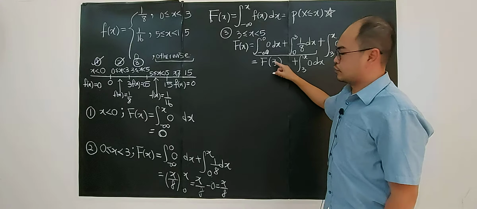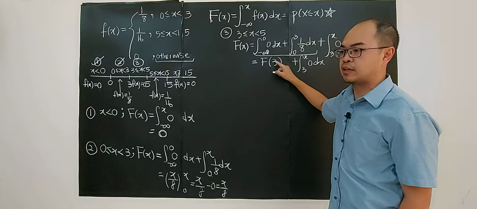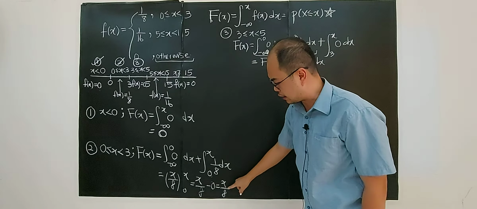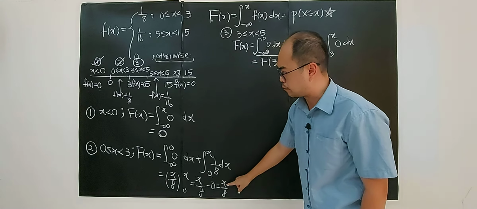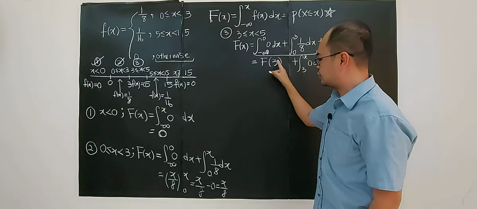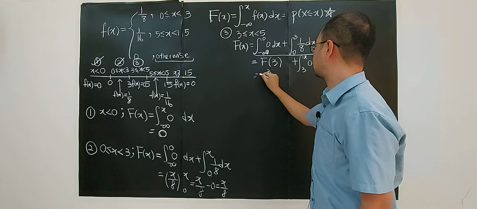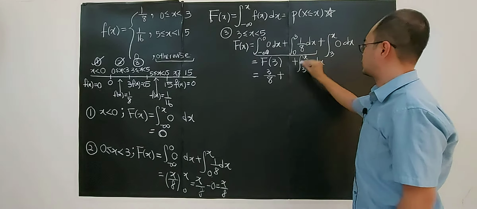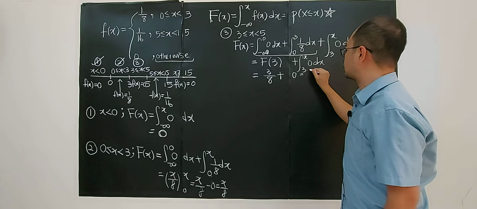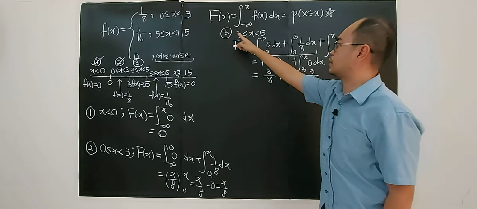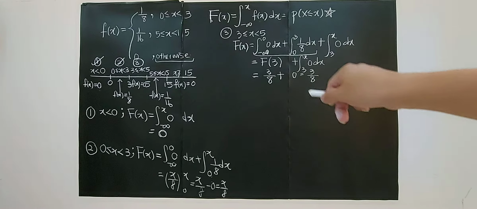Now this value, you substitute with the cumulative function before, which is the second interval. So you are getting 3 over 8, plus the current one. If you integrate 0, you are getting 0. So for the third interval, your cumulative distribution function is a constant, 3 over 8.